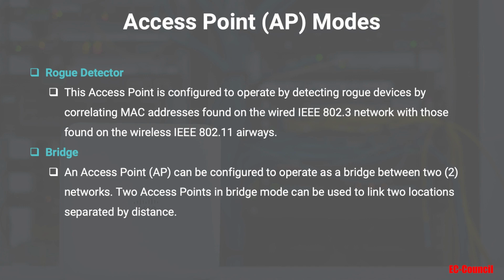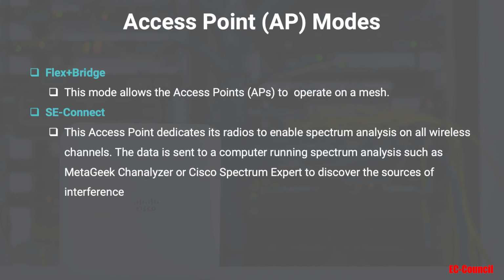Another mode is called bridge mode. In bridge mode, an access point can be configured to operate as a bridge between two networks. Two access points in bridge mode can be used to link two locations that are separated by some geographic distance. Two additional modes are called FlexBridge and SE-Connect.